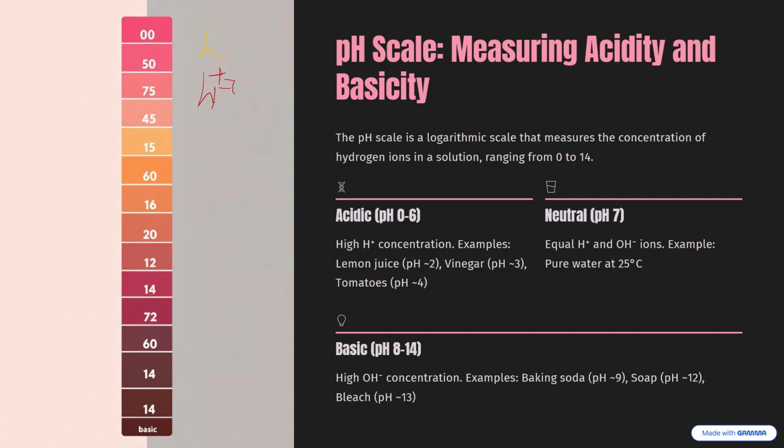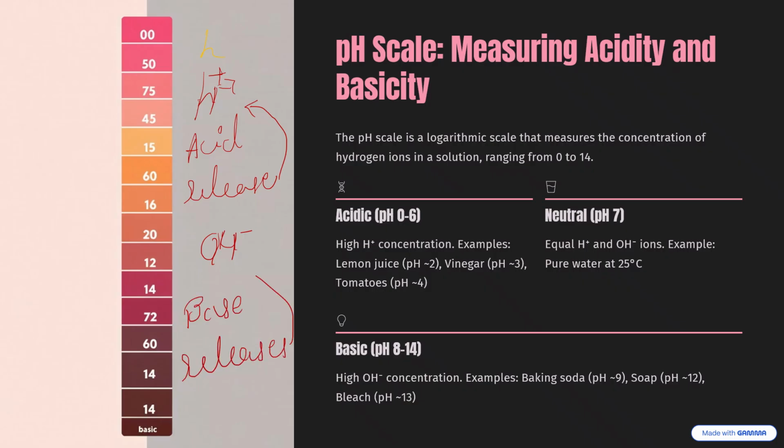We know that H plus ion means acid: acid releases hydrogen ions. OH ions mean base: base releases OH ions. Now, how will we know how much is acid and how much is base?